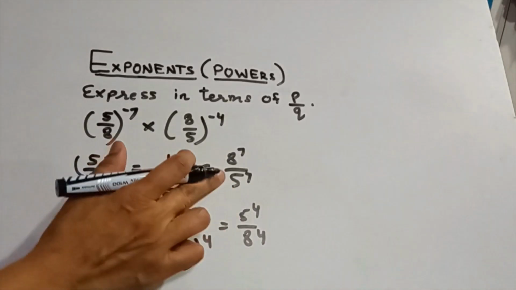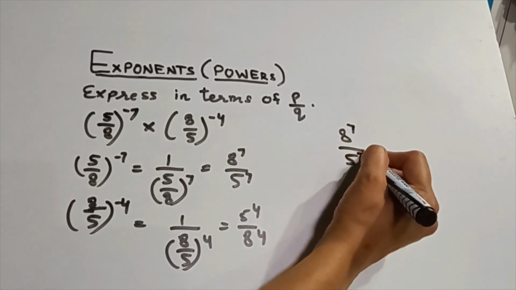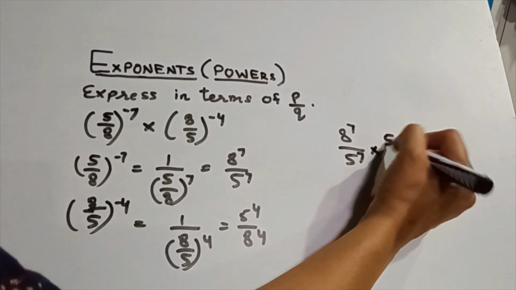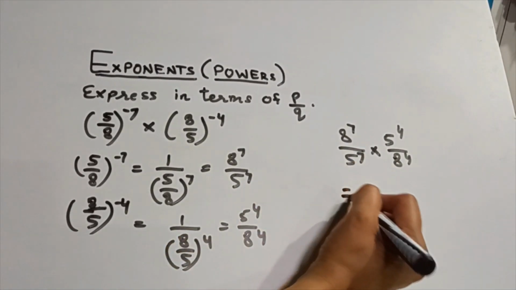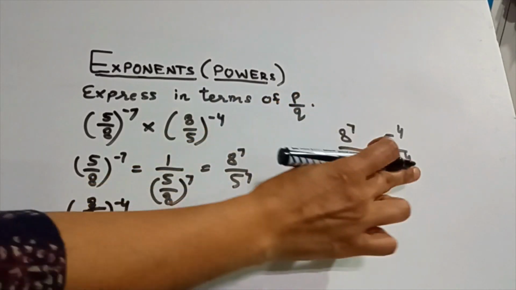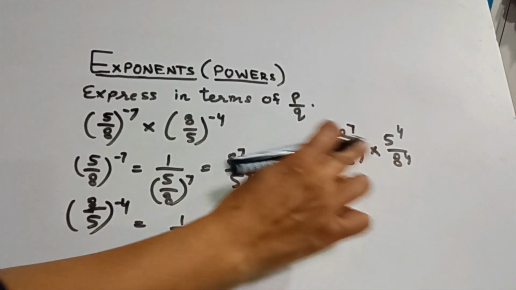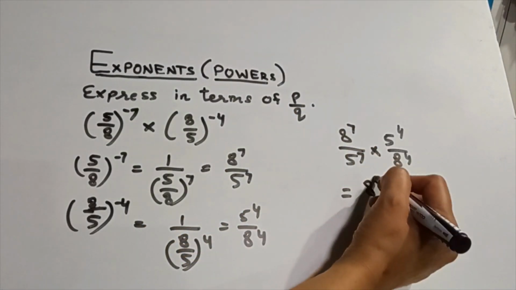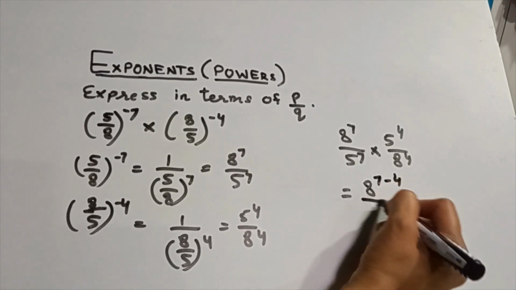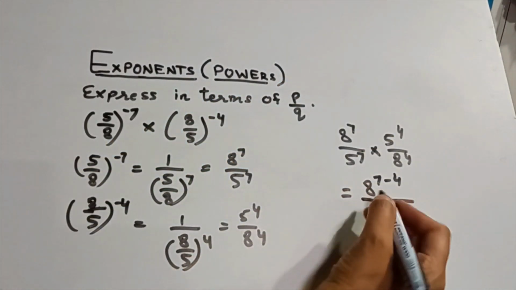Now we are going to multiply these two terms. 8 raised to 7 upon 5 raised to 7 multiplied with 5 raised to 4 upon 8 raised to 4. Now 8 raised to 7 upon 8 raised to 4. When the base is same and they are in division, what do we do? We subtract the powers. So this is 8 raised to 7 minus 4.